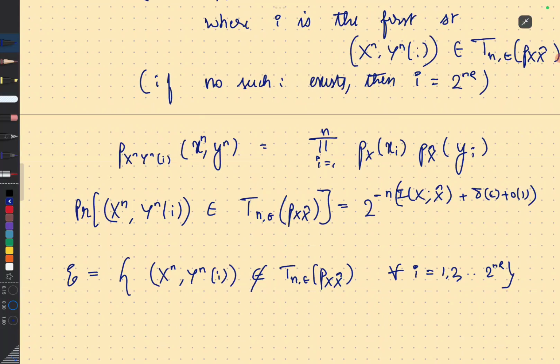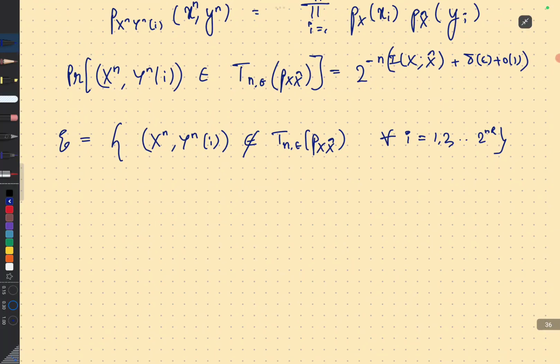Is this okay? So what will this probability be? One minus?